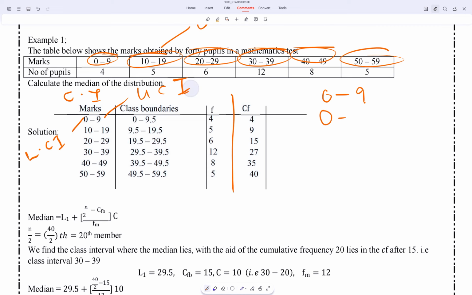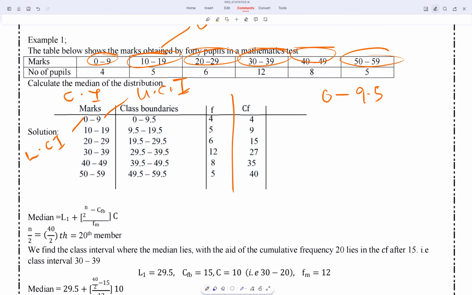You add 0.5 to the upper and subtract 0.5 from the lower. So the first one is going to be from 0 to 9.5.